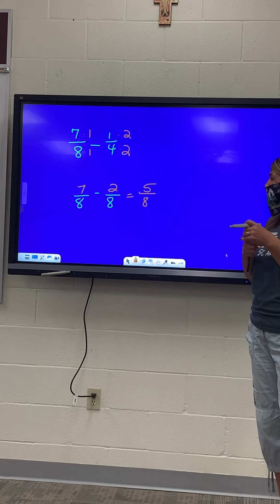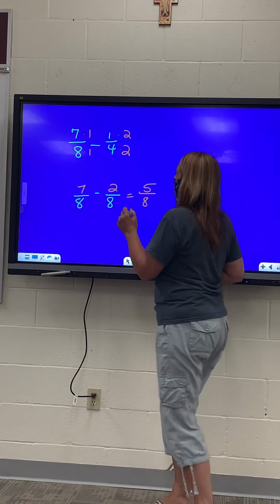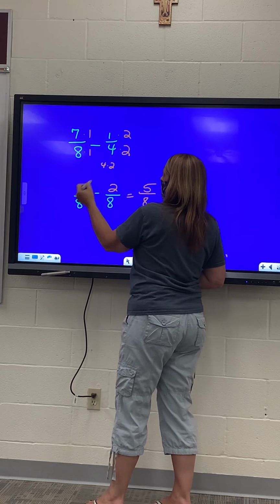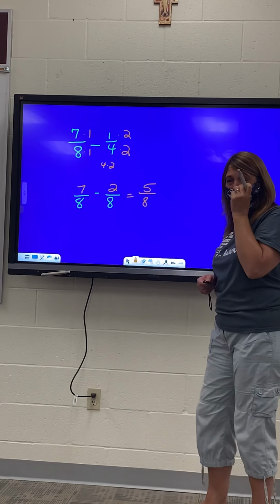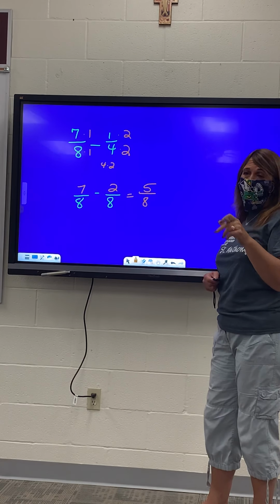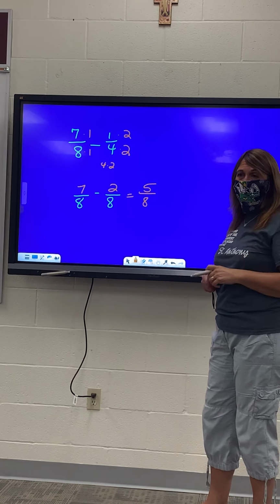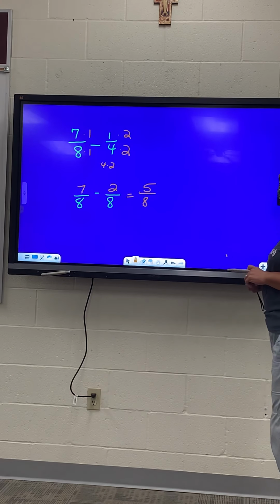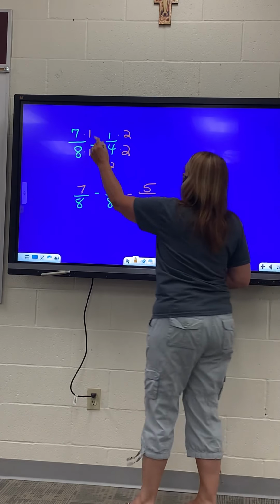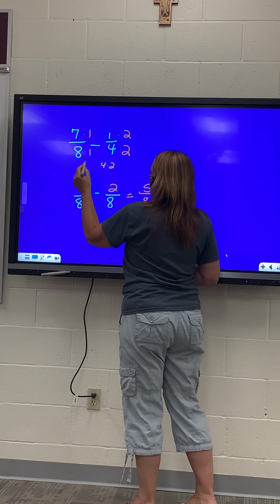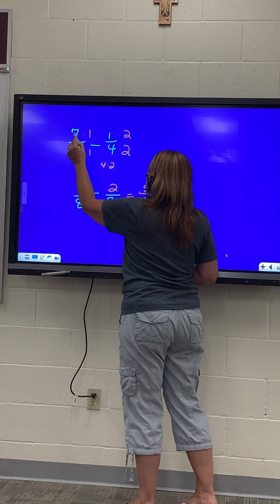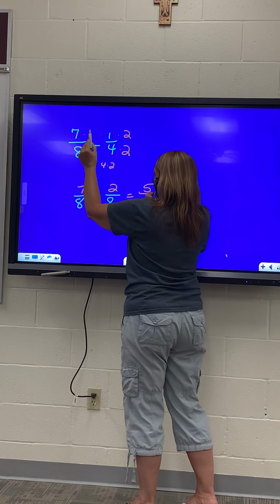How did you get the 8? The denominator. Because Kylie knew that 4 went into 8, so I didn't have to get something bigger. You could do 4 times 8 is 32. So if a number goes into the number, you want the least common denominator. And how'd you get 1 and 2? Because from here to here, we need to know what to do to that top number.